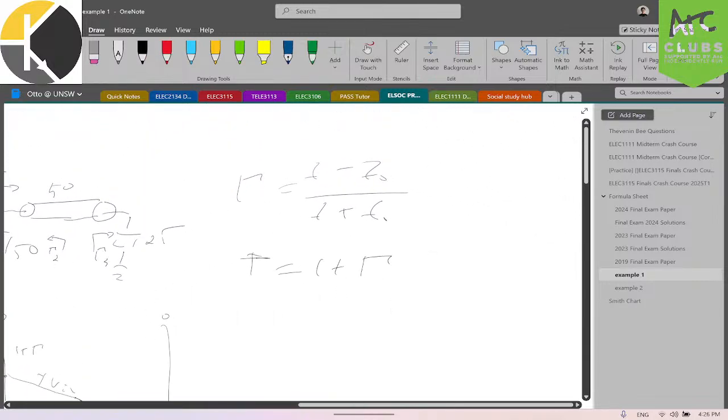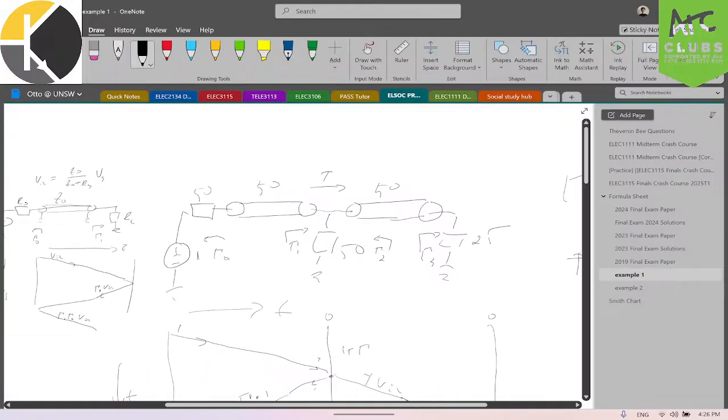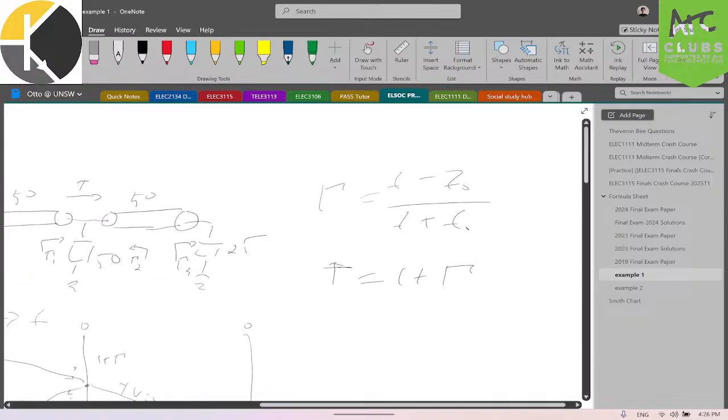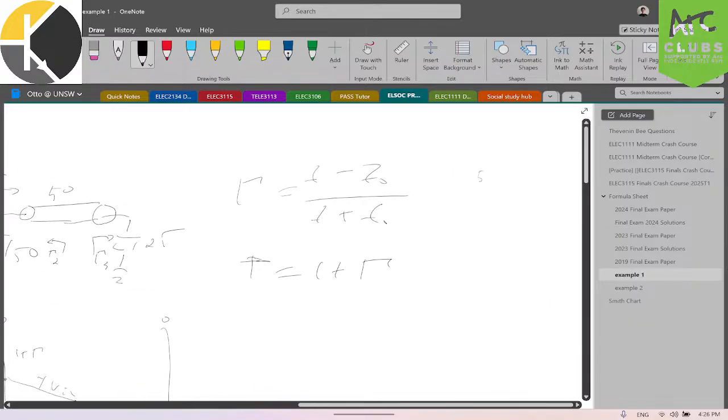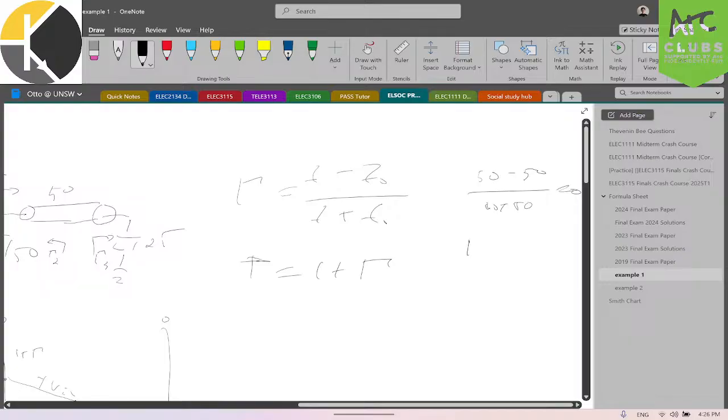Gamma naught is 0, because Z naught is 50 ohms and the source impedance is 50 ohms. So there's going to be no reflection from the source because they're perfectly matched. Here it is 50 minus 50 over 50 plus 50, which is just 0. So gamma naught is 0, right?